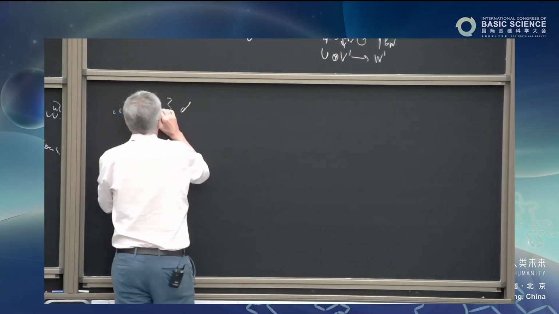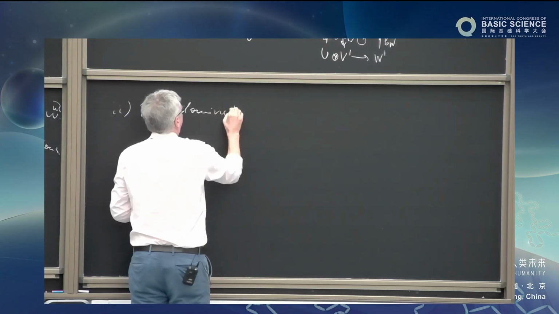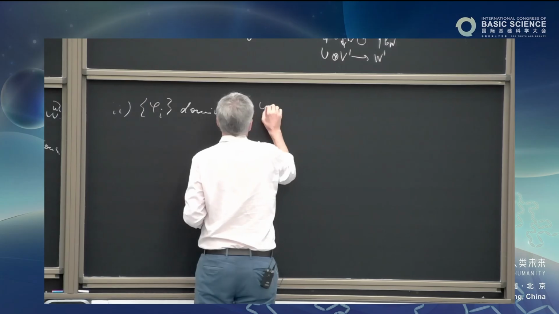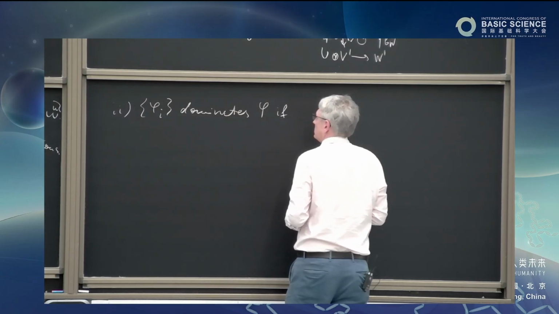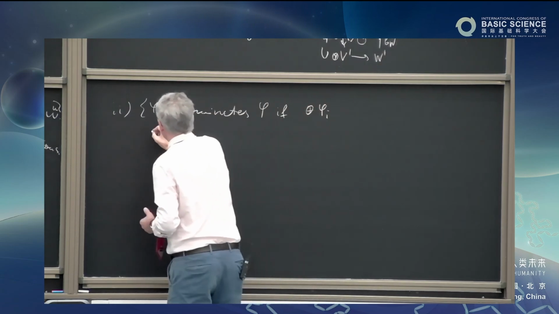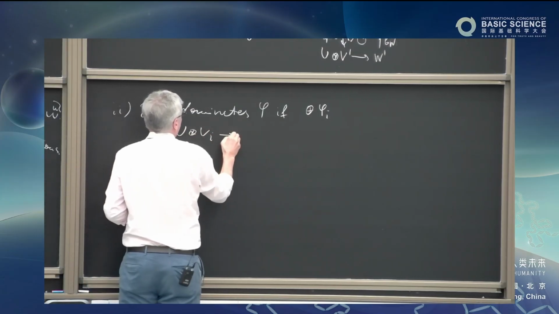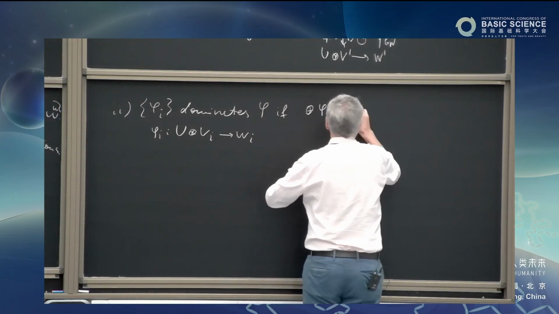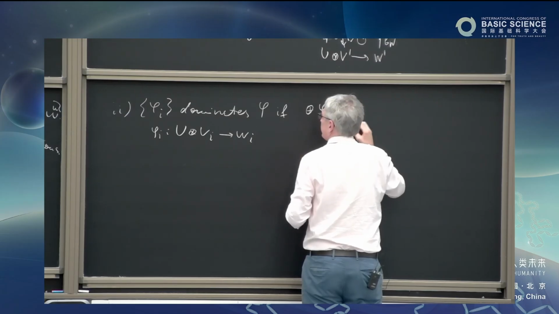So the set of tensors phi i dominates some tensor phi if the sum of these phi i's, where phi i is from U tensor Vi to Wi, when we sum them up, because U is fixed, we just sum up these representations if you want.